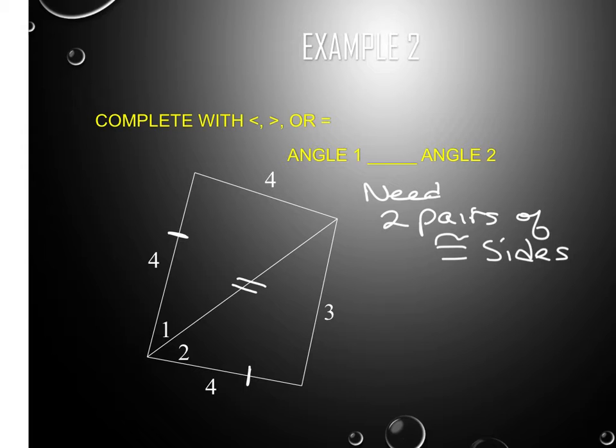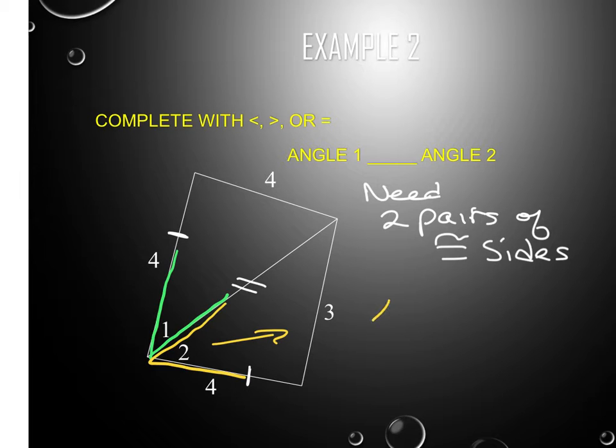So the two angles we're referring to are angle 1 and angle 2 here. And the way that we can compare the size of those angles is to look to see the side that it's across from. So across from the 2 is the 3.